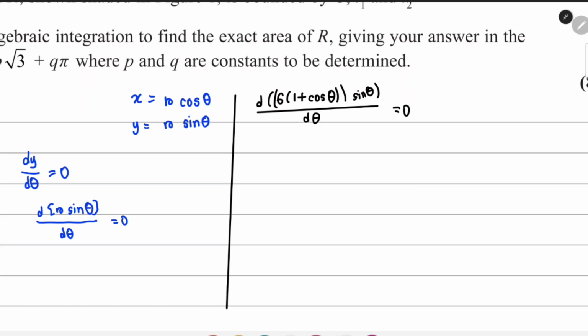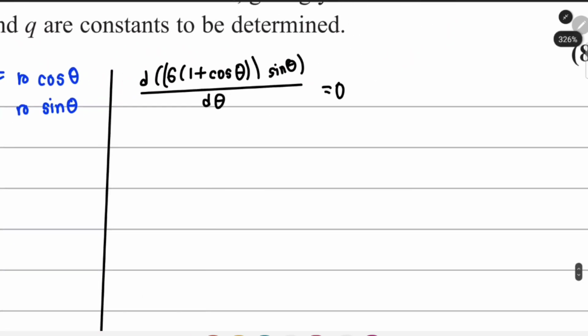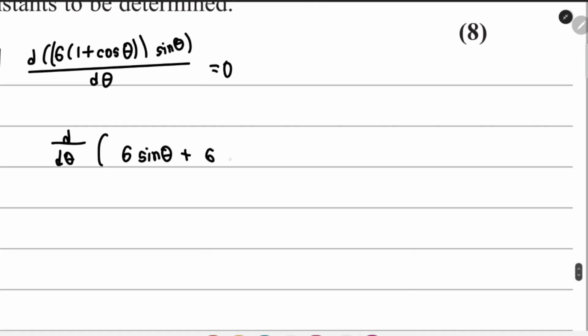If you simplify the expression, you get d by d theta of 6 sin theta plus 6 sin theta cos theta, equals 0.